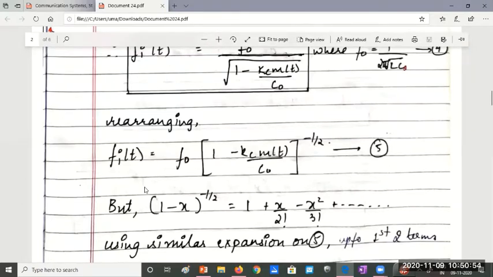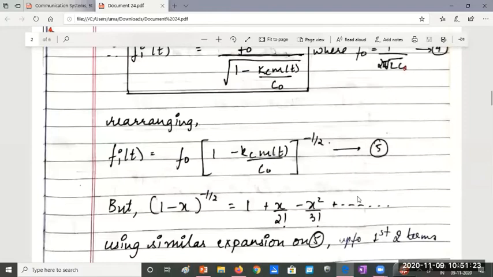Now I can use the expansion series for equations in the form 1 minus x to the power of minus half. You have your Taylor's, Maclaurin series, anything. So whichever series satisfies this 1 minus x to the power of minus half, it could be written as 1 plus x by 2 factorial minus x square by 3 factorial, and so on.